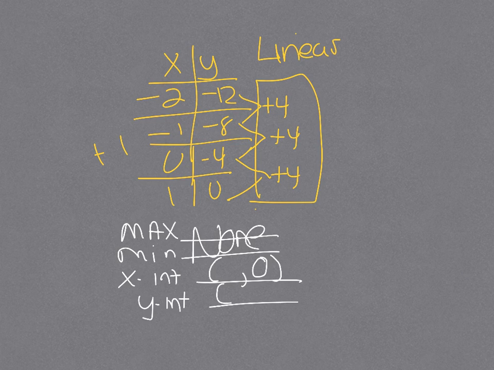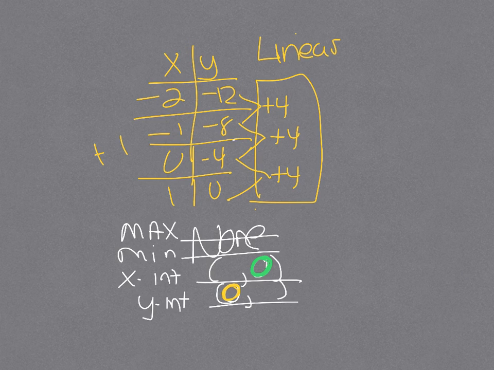And for your y-intercept, your x is always going to be 0. Always, always, always. Okay? So you might get in the habit of doing those, and that way you can know what you're looking for.